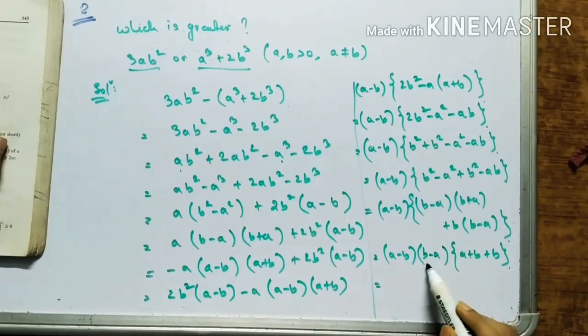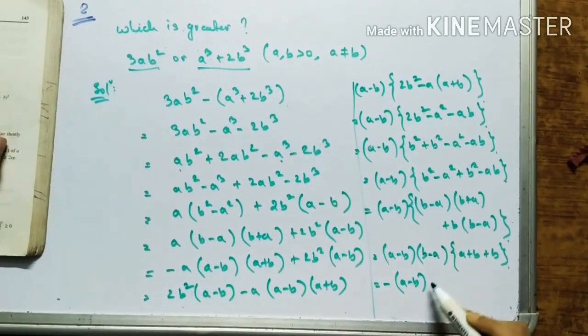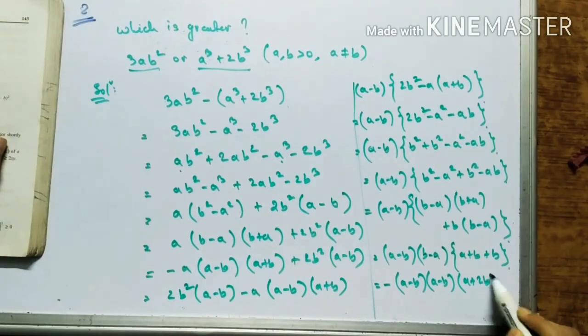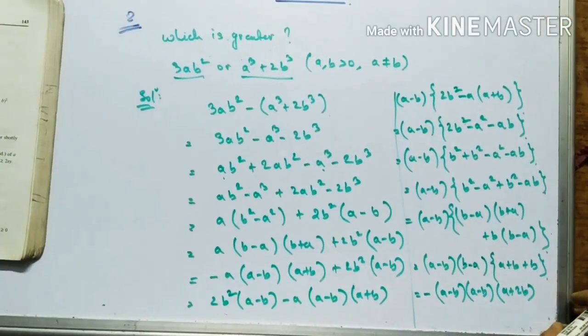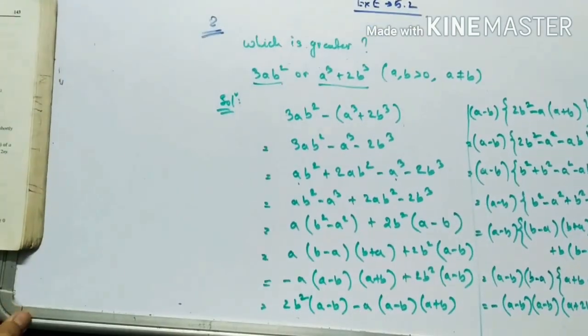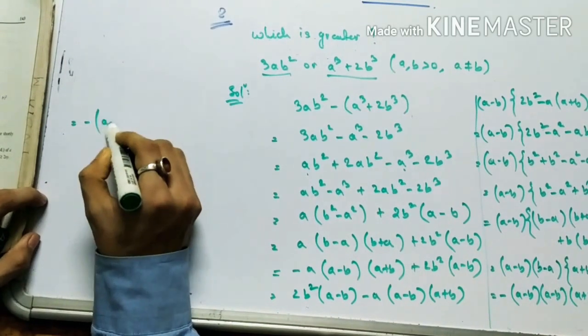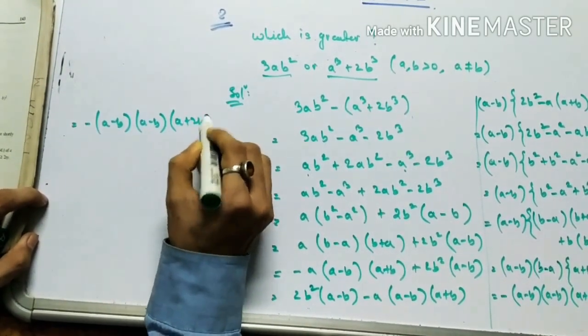So in here, if I take minus common again, this is a minus b, this will be a minus b, and this will be a plus twice b. So now you see, let me write it one more time: it equals minus a minus b, a minus b, a plus twice b.